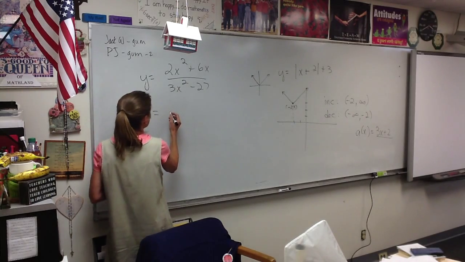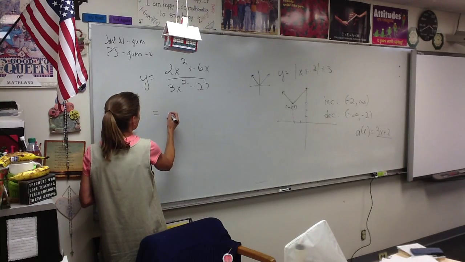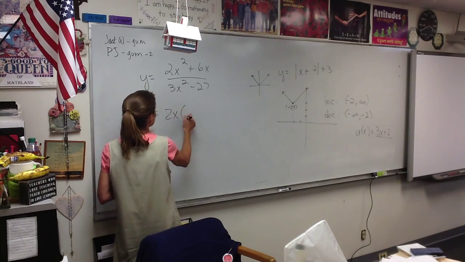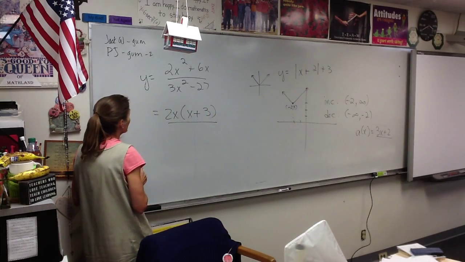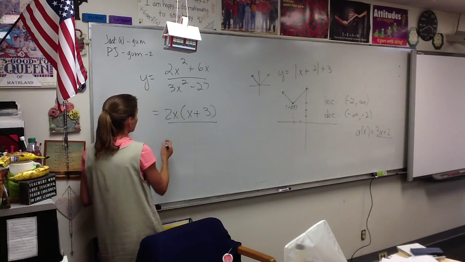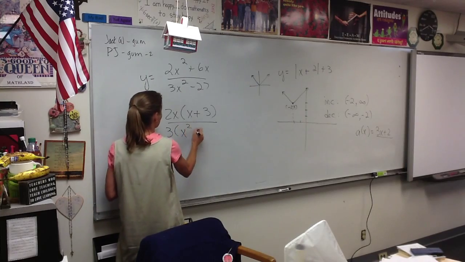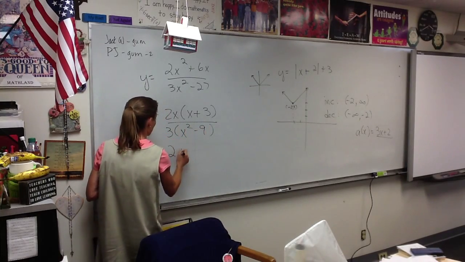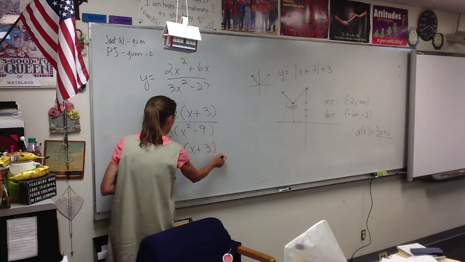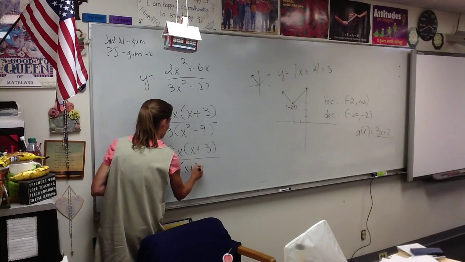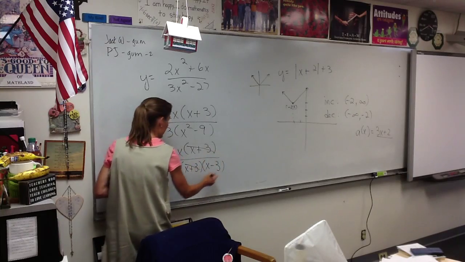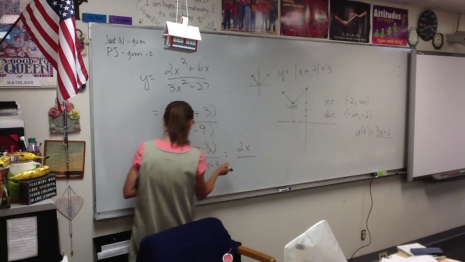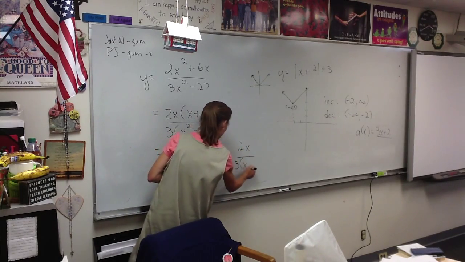So let's see, in the top I can take out a 2x and be left with x plus 3. And in the bottom, I can take out a 3 and then factor that. Uh-oh. We have a cancellation. So the problem reduces to this.